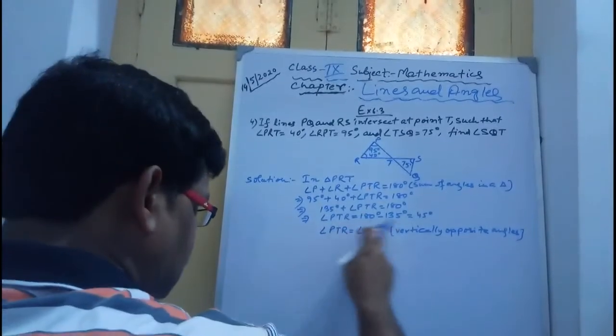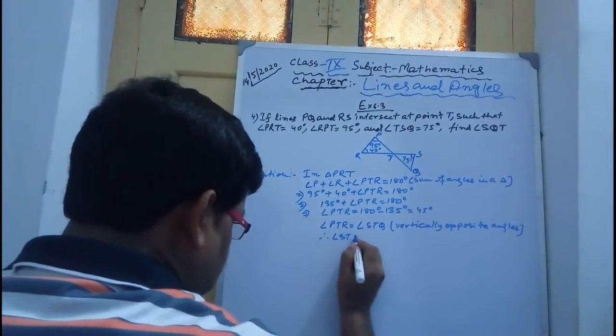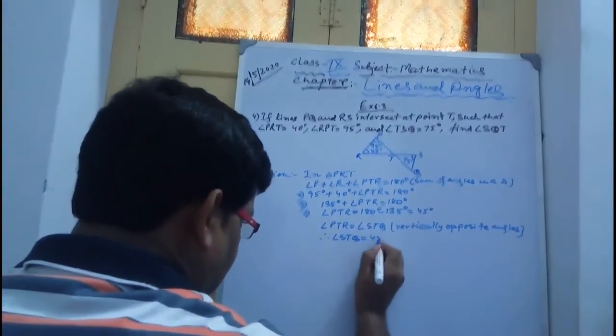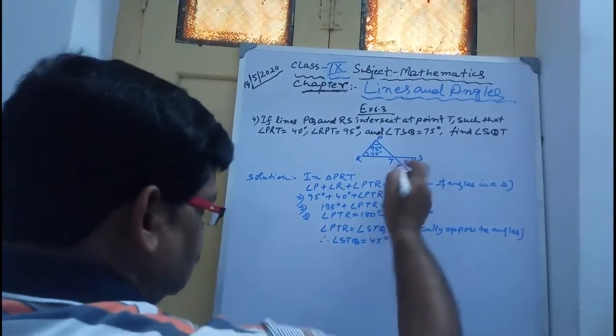So angle PTR is 45 degrees, therefore angle STQ equals 45 degrees. So we got that value.